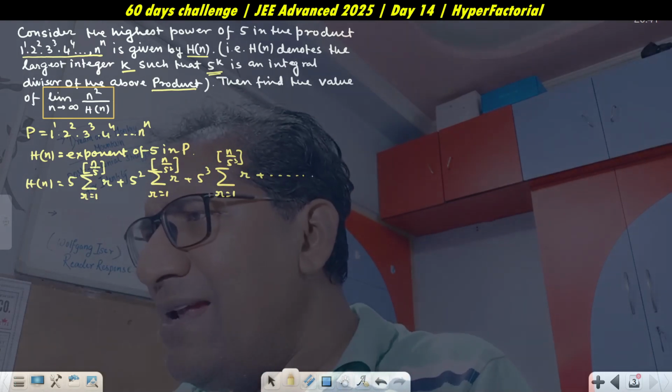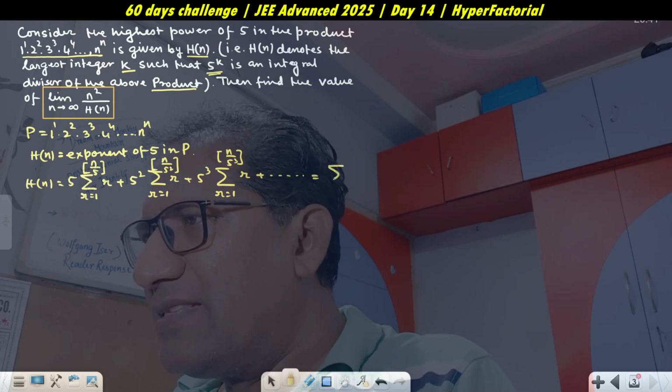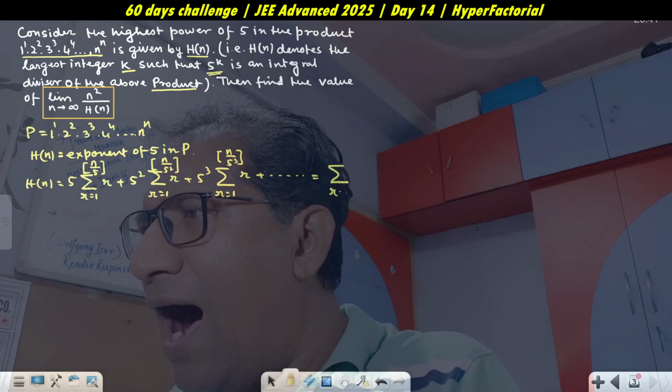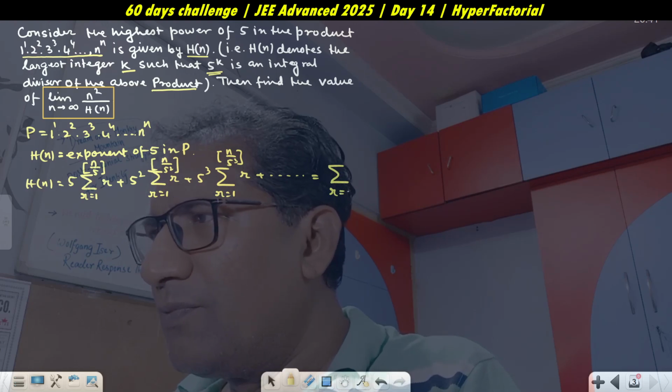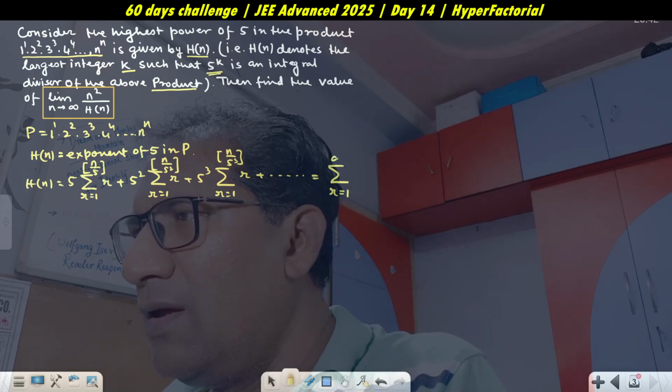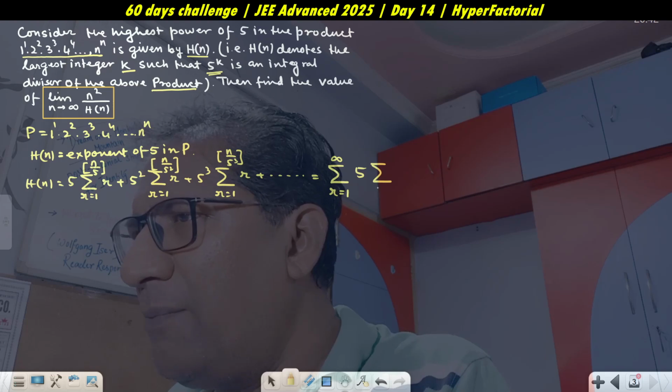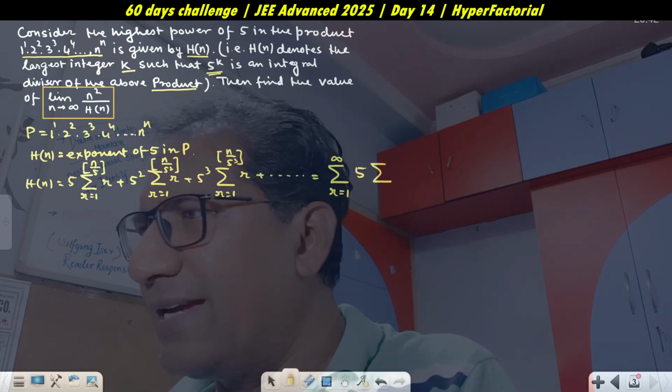So this can be written like sigma of R starts from 1 to infinity, 5... Oh, I have already taken R over here now.